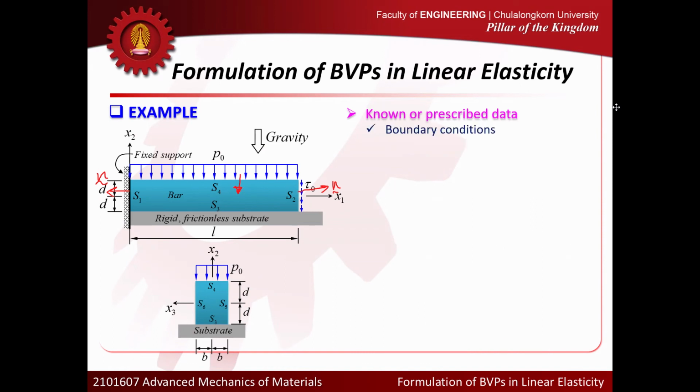The boundary conditions, right? What kind of boundary conditions do we have for this particular problem? If we take a look at each subsurface, S1, S2, S3, S4, S5, S6, we know the condition for each. I told you before that at any point on the boundary, we need to know displacement or traction, only one of them. If we look at S1, the body is fully fixed at that end.